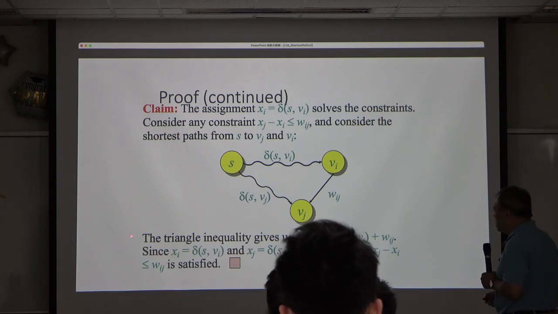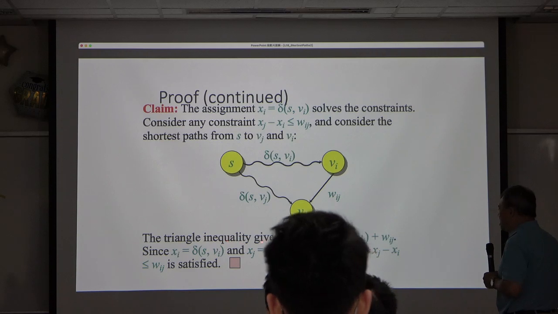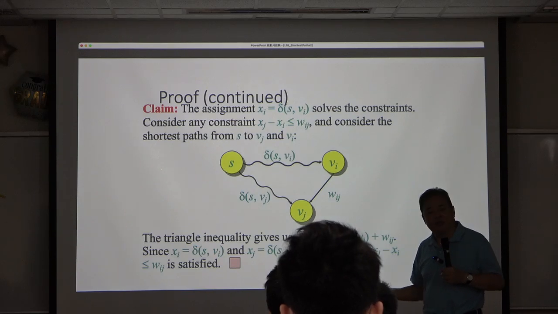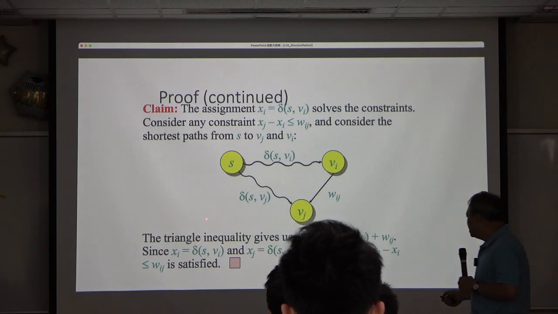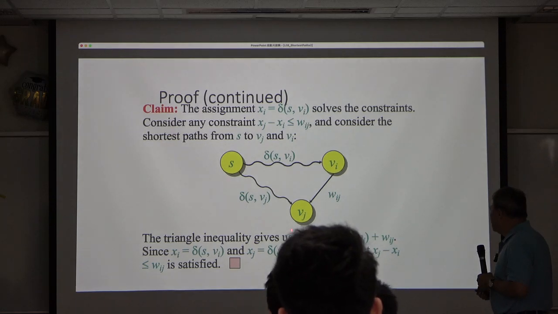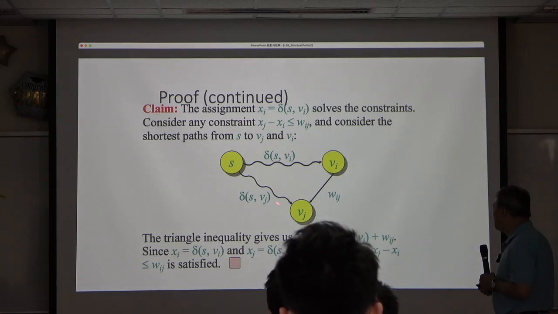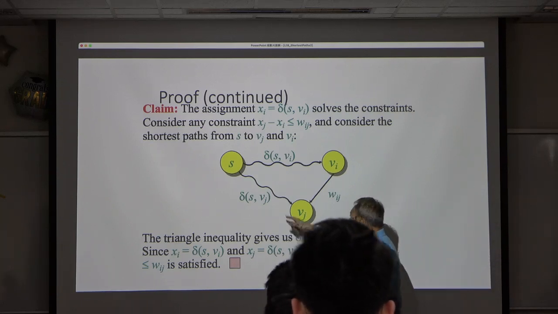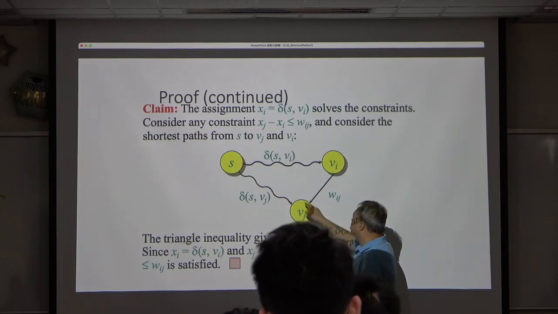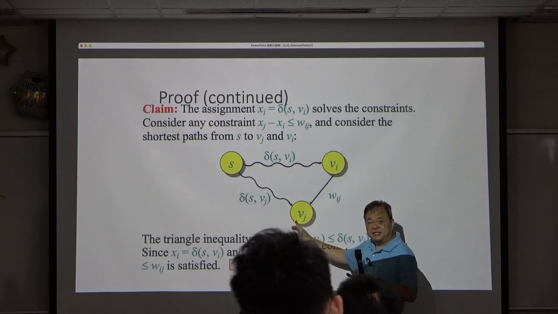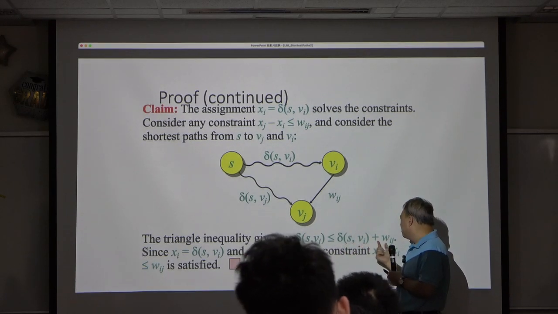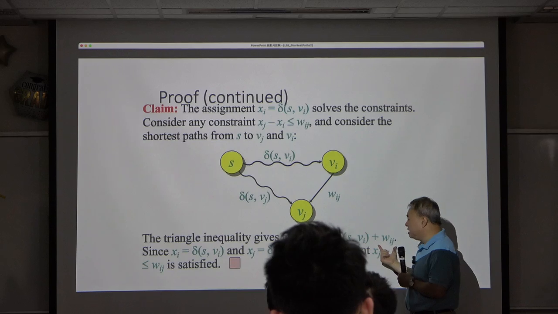We know from the triangle inequality, the path also has a triangle inequality, right? The triangle inequality gives us that the weight of the shortest path from S to Vj must be smaller or equal to this one plus this one: the shortest path weight from S to Vi plus Wij.